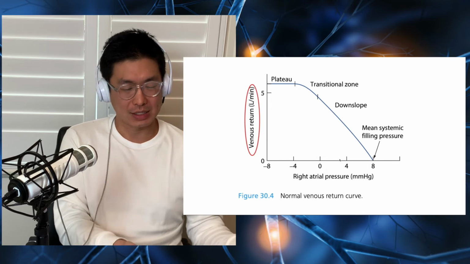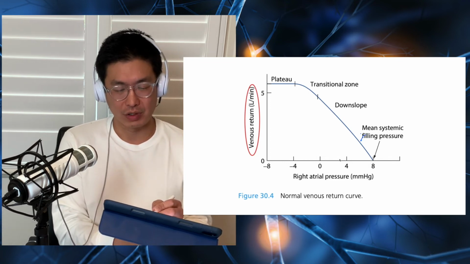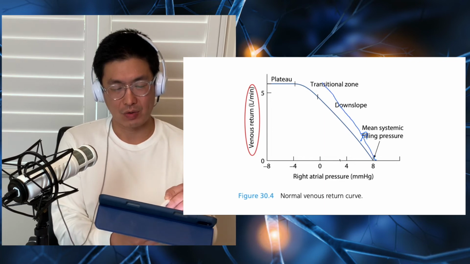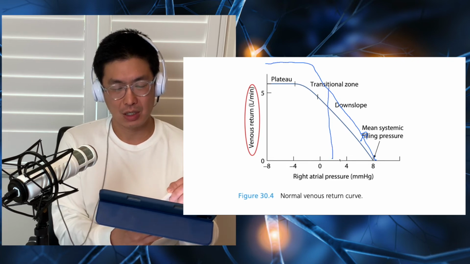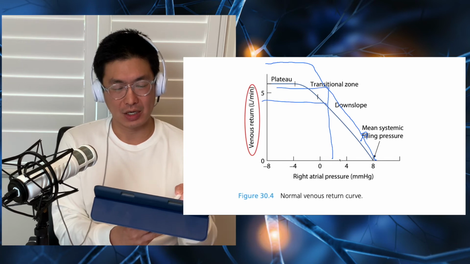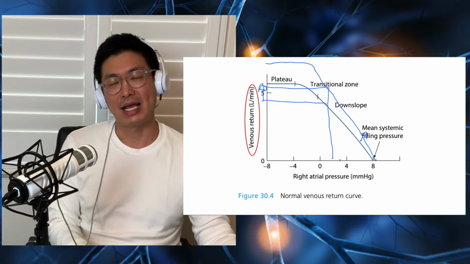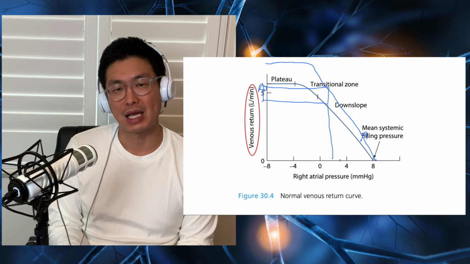Because what we can say is that with a reduction in your resistance through vasodilation, you get that rotation up. And as you can see, for a given right atrial pressure, you actually increase your venous return. And this was the idea that the examiner was talking about in their exam report.